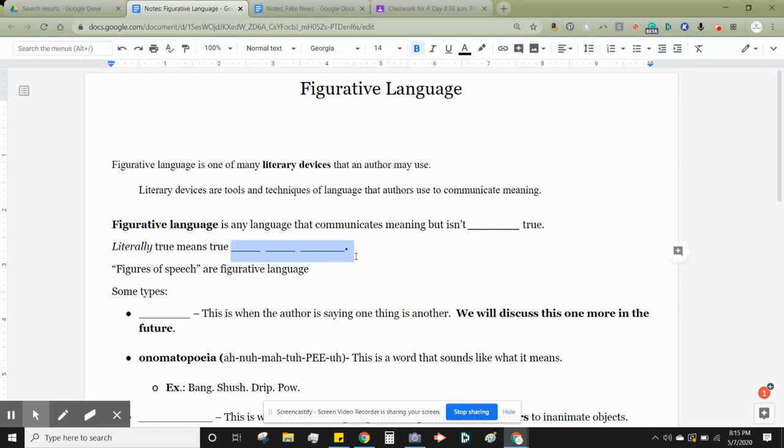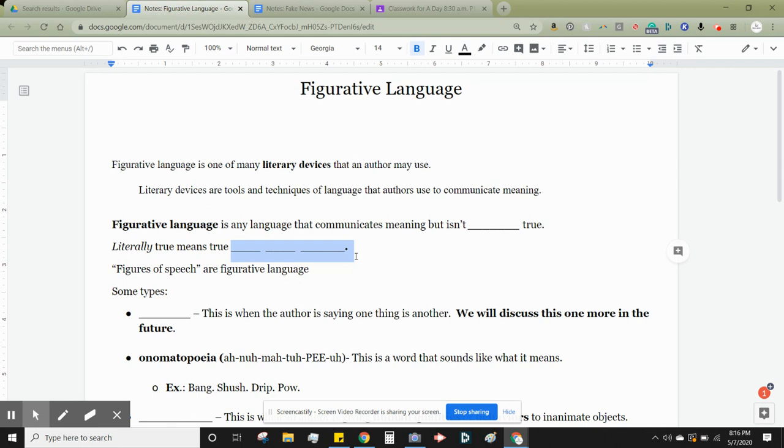This might be a little confusing to you because in the last 10 or 15 years, people have started to use the word literally when what they really mean is figuratively. So if somebody says, I'm so hungry, I'm literally going to die, that's actually the opposite of what literally means. It's funny because it's dramatic, like it's exaggeration. It's hyperbole, actually, which we'll talk about more in a moment.